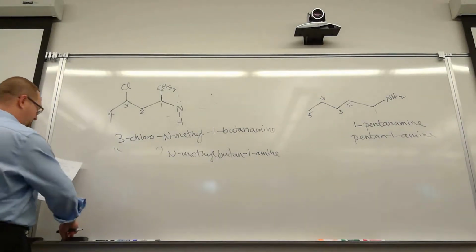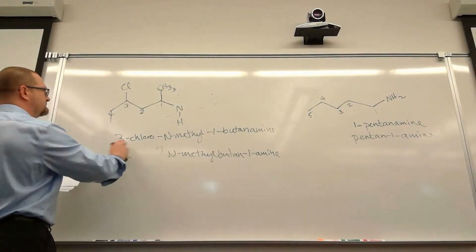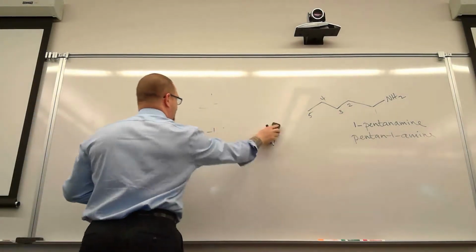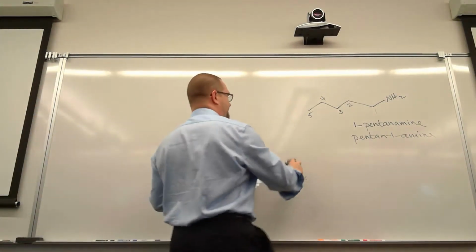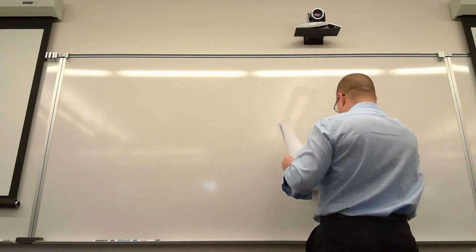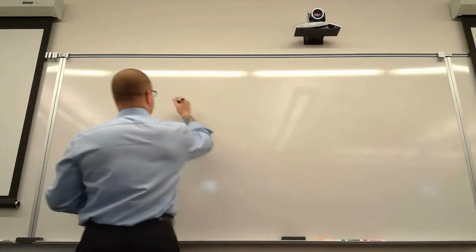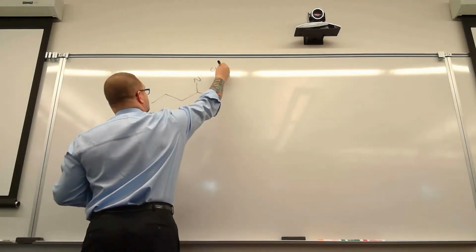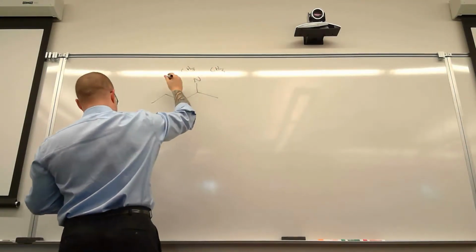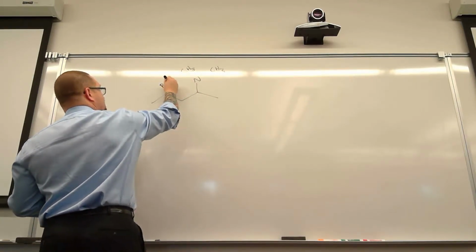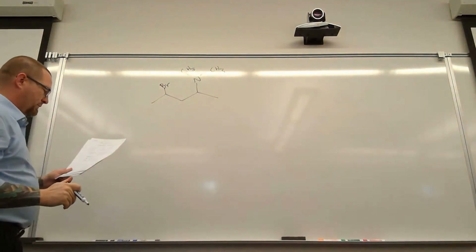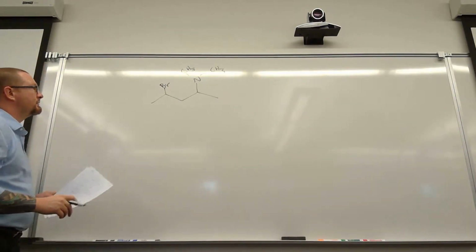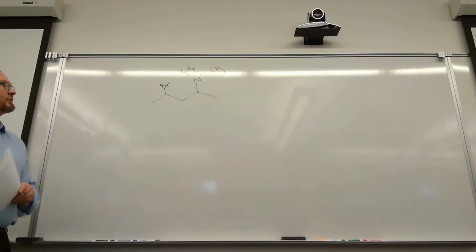If you have multiple things bound to the nitrogen that are identical, ooh, this is good. What's the longest chain?